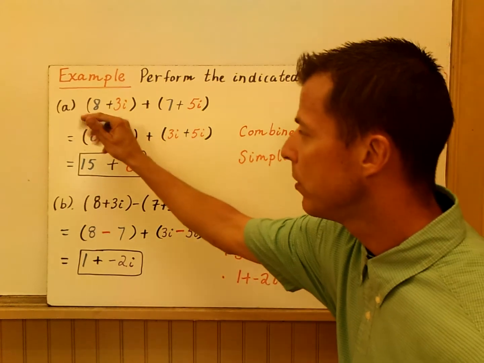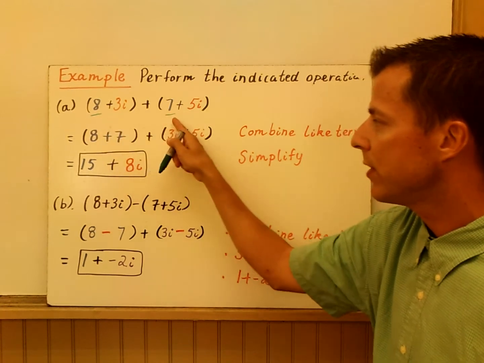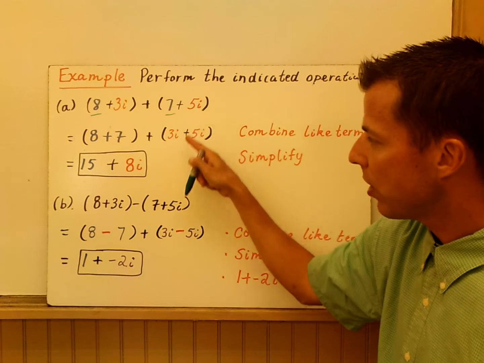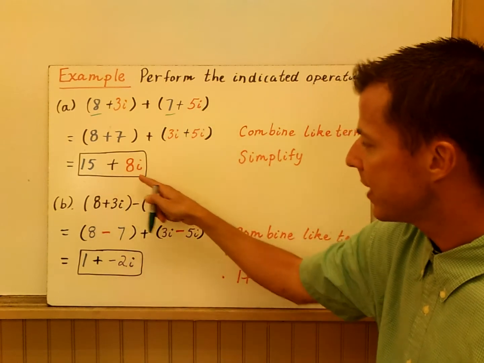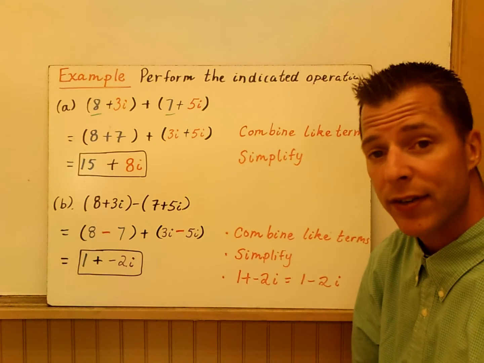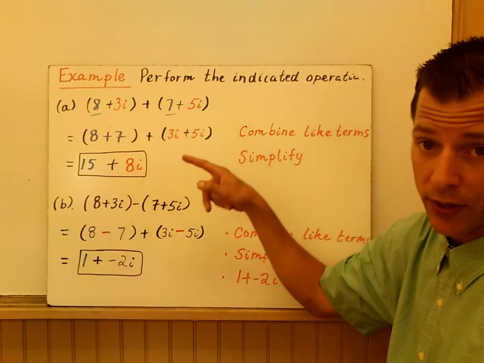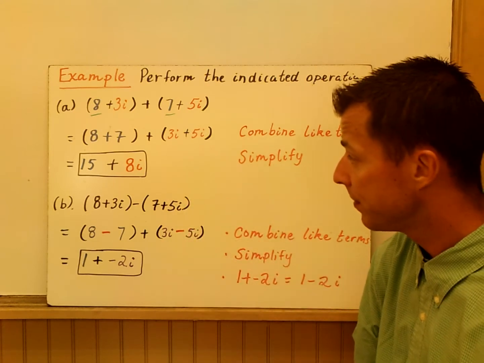So if you look in blue, a is a real number, a is a real number here, and this is a real number. Group them together. Your imaginary parts are also grouped together, and then you combine like terms. You get 15 plus 8i. Very similar to if you had 8 plus 3x plus 7 plus 3x. Combine your x terms, combine your constants.